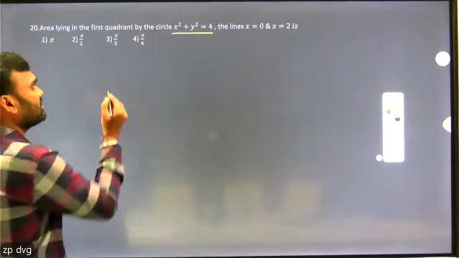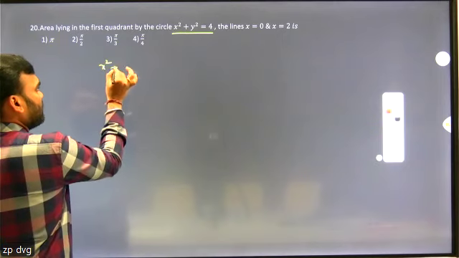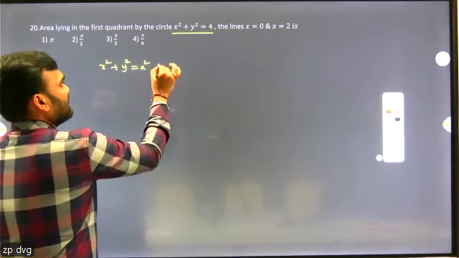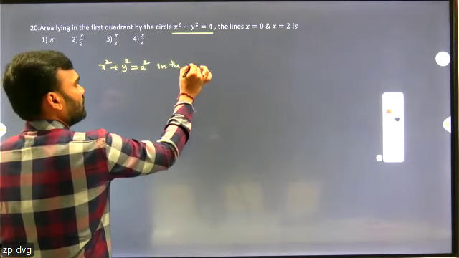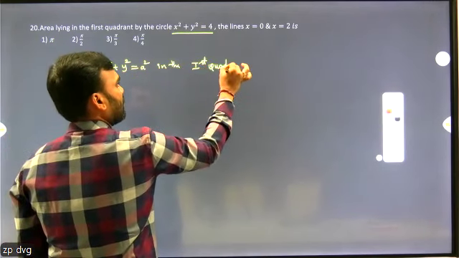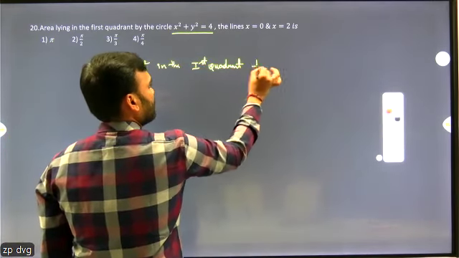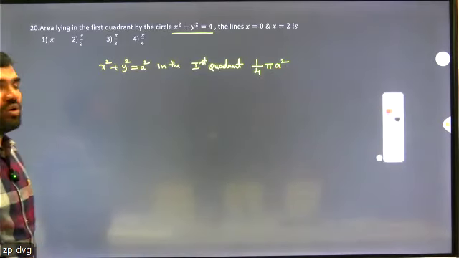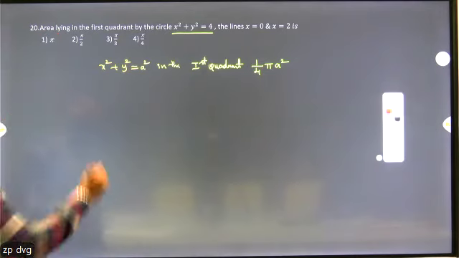Very easy, sir. For x square plus y square is equal to a square, as I told, in the first quadrant the area is 1 by 4 pi a square.